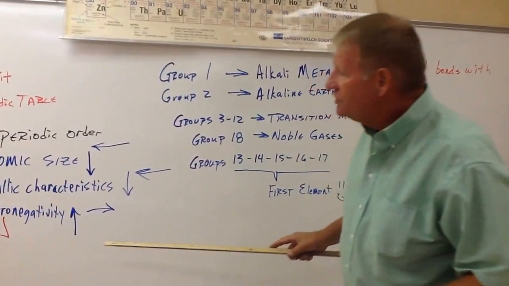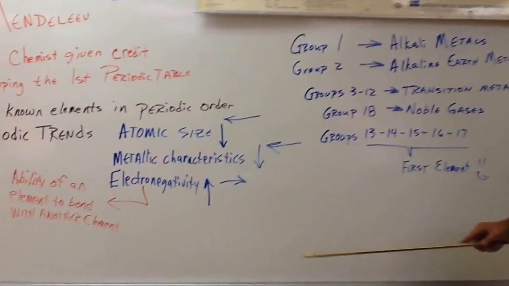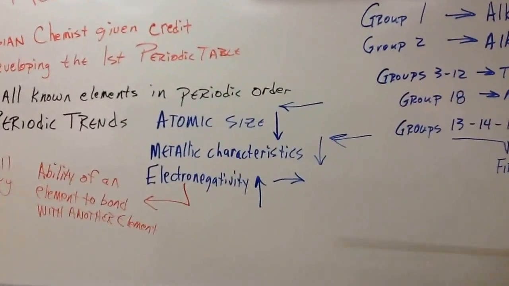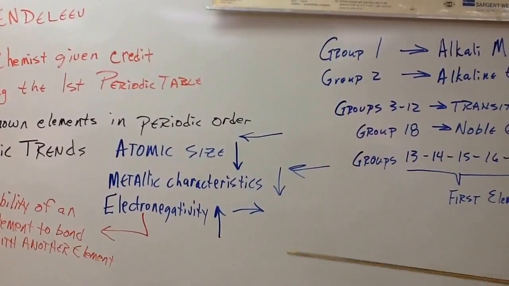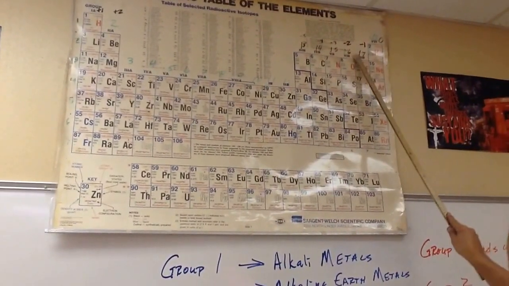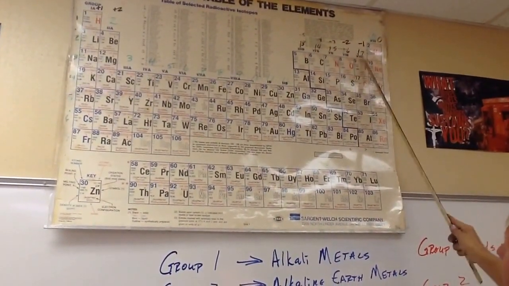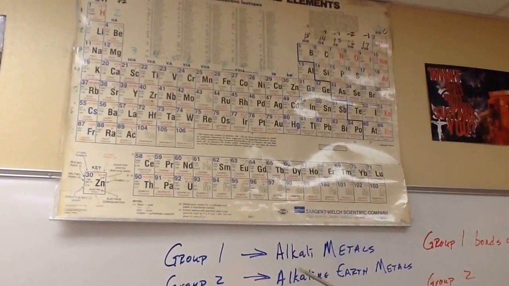It's really interesting. So what's the periodic trend on electronegativity to figure out if an atom will bond more with another atom, a particular element from that atom? The electronegativity is opposite of that. The trend for electronegativity is it increases as it goes up, and it increases as it goes right, with one exception. It stops right here at 17. Because what is group 18? We'll talk about the different groups here in a little bit.